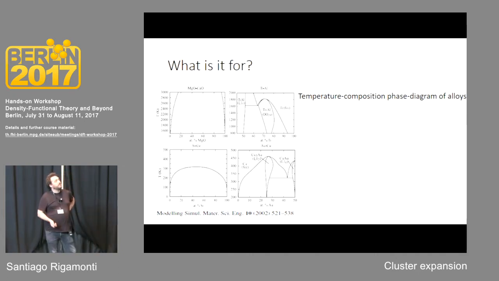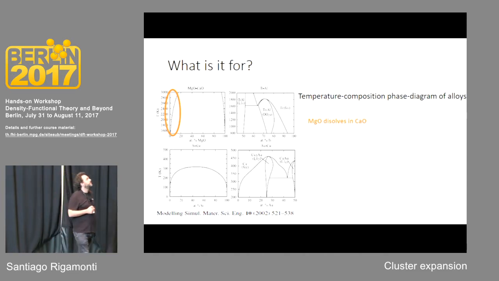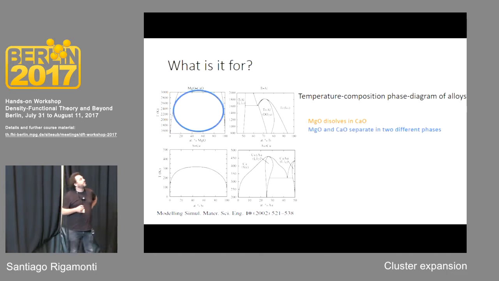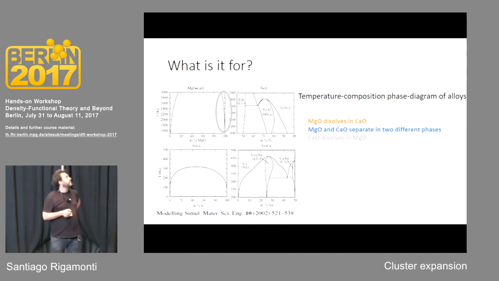And on the y-axis, you see the temperature. From this, you can learn several things. For instance, that magnesium oxide dissolves in calcium oxide at low magnesium oxide concentrations. Also, you can see that magnesium oxide and calcium oxide separate into different phases at intermediate concentrations, and also that calcium oxide will dissolve in the magnesium oxide matrix at higher concentrations.